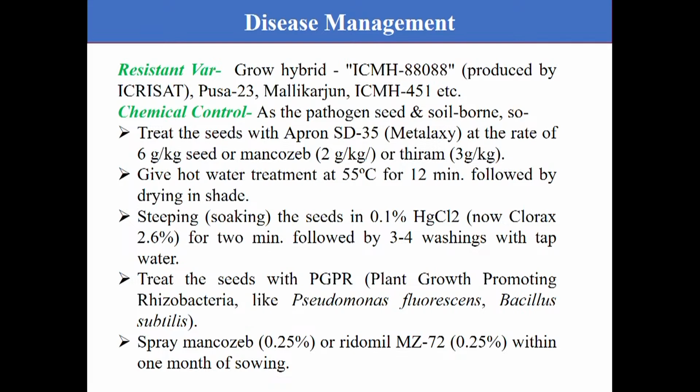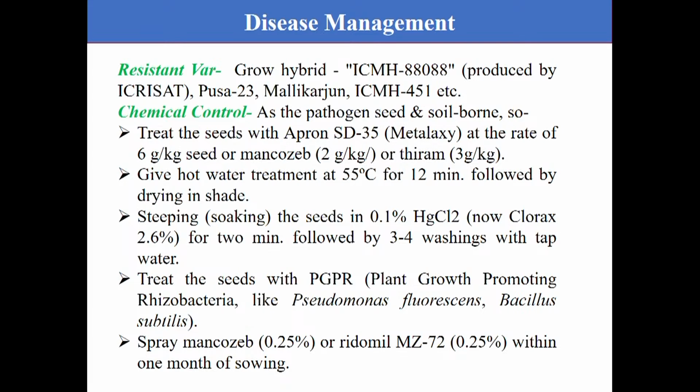You can also steep or soak the seeds in 0.1% mercuric chloride solution, at the rate of 2.6% for 2 minutes only, followed by 3 to 4 washings with tap water, and treat the seed with PGPR, plant growth promoting rhizobacteria, like Pseudomonas fluorescens and Bacillus subtilis.